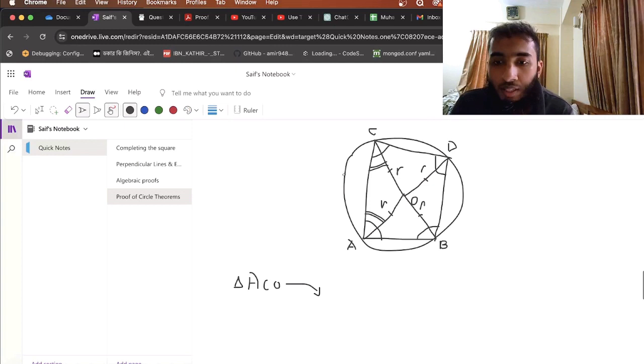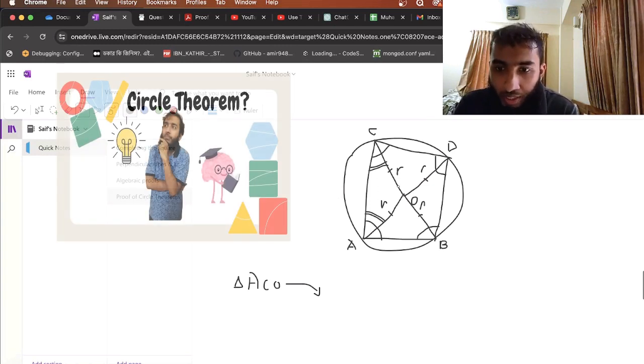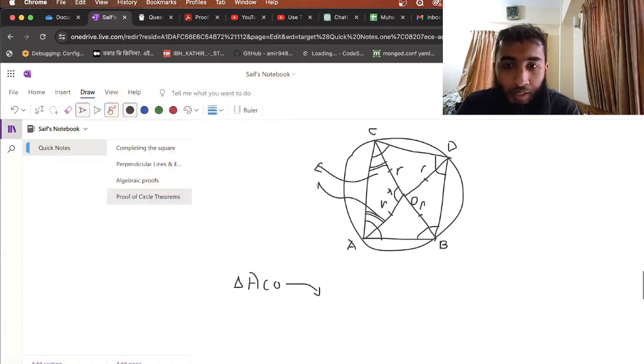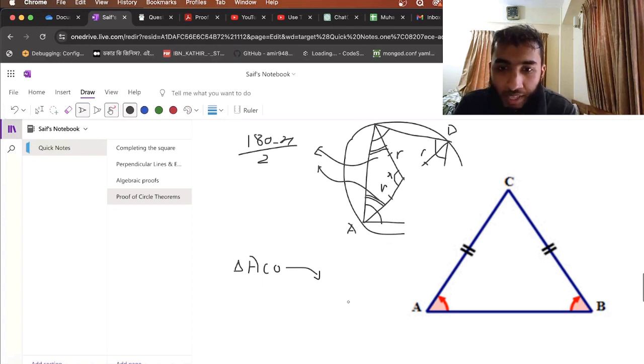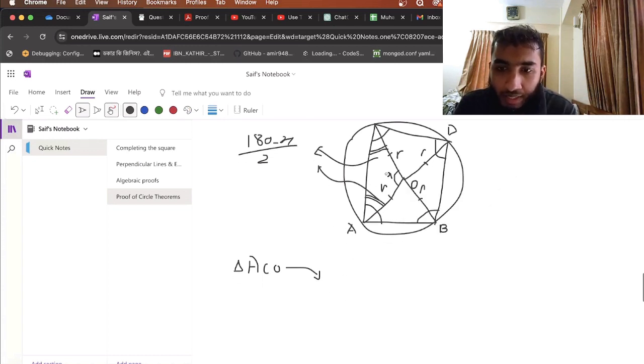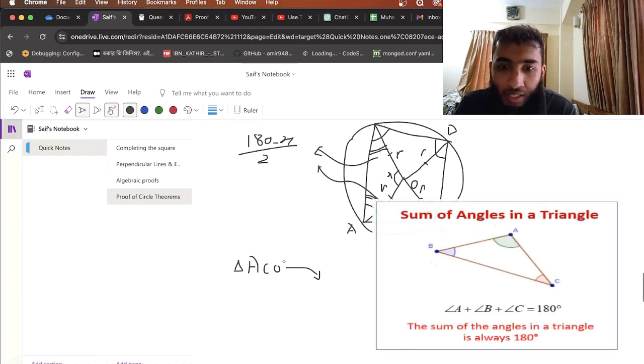We did a previous video where we showed that if this angle is X, then what will be this angle and this angle? Both will be 180 minus X, by 2, because the three angles in a triangle sum up to 180 degrees. So in triangle ACO, if this is X, then this angle is (180 minus X) by 2.